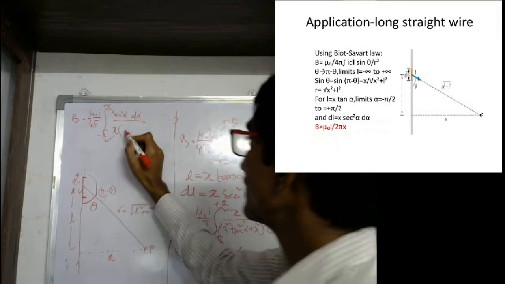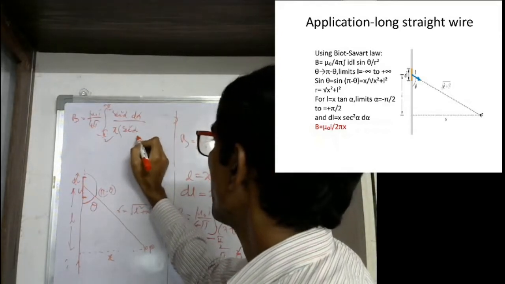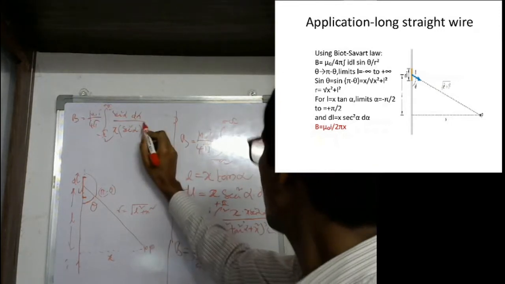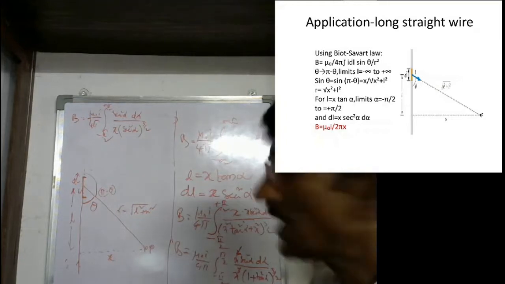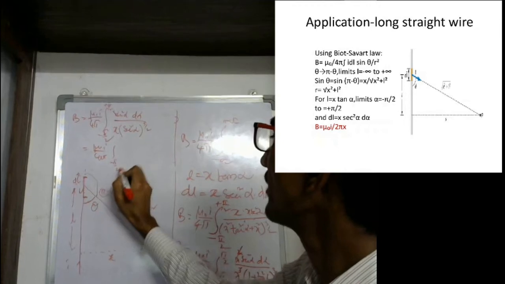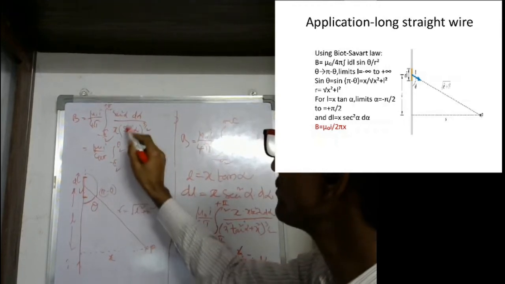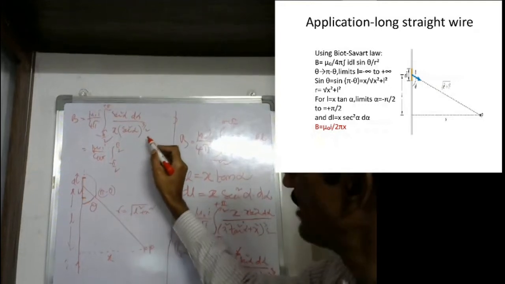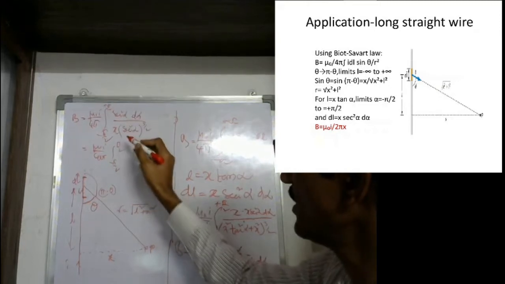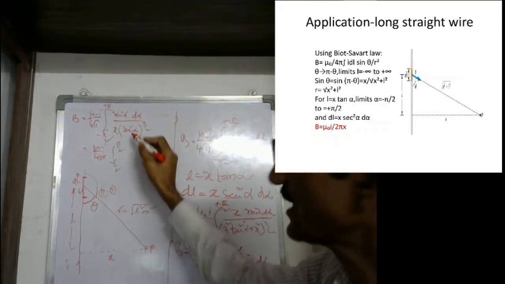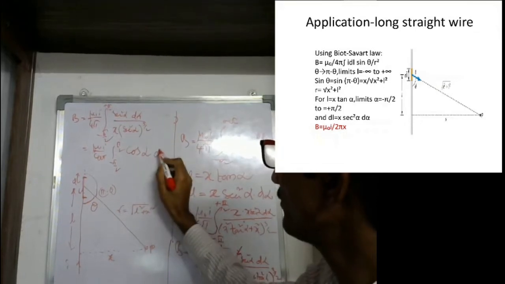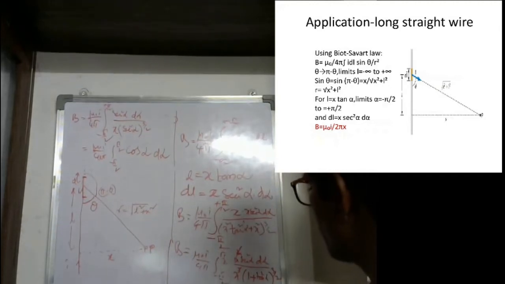What is 1 plus tan square alpha? Sec square alpha, whole to the power of 3 by 2. Now you further simplify this. Here you have sec cube alpha, and sec square alpha cancels. You are only left with sec alpha, and 1 by sec alpha means cos alpha d alpha.